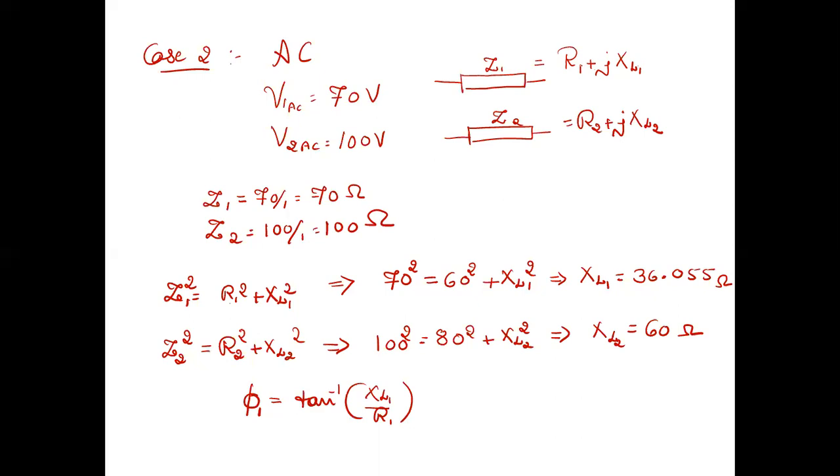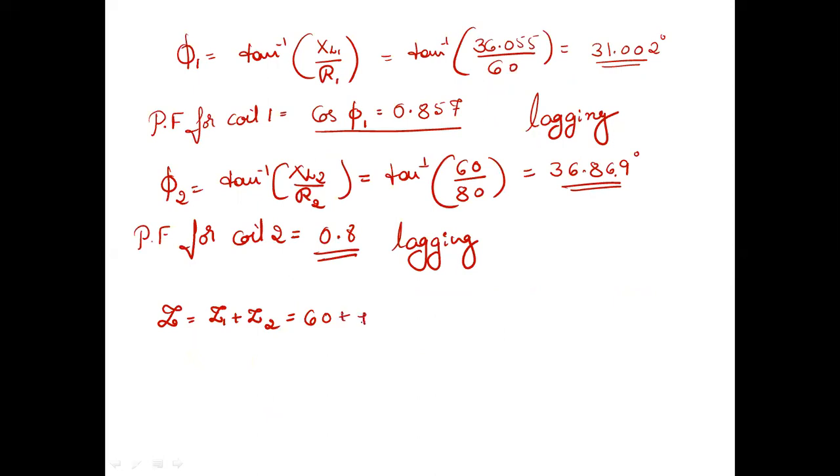R1 is 60 plus j36.055 plus Z2 is 80 plus j60. Let me just do the calculation faster. But before that, keep your calculator in complex mode. Remember, 60 plus 36.055j plus 80 plus 60j.